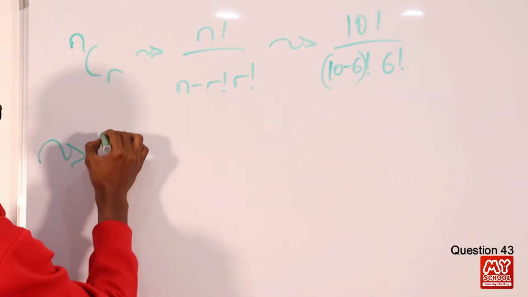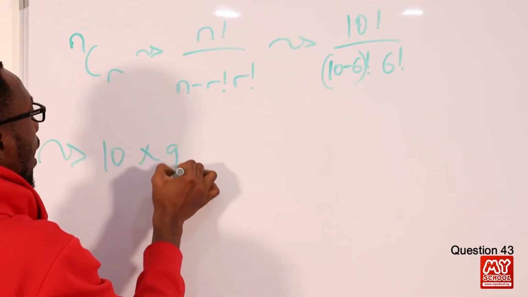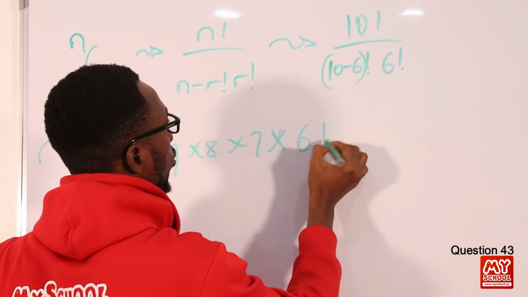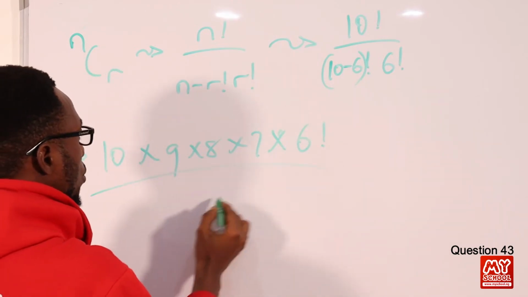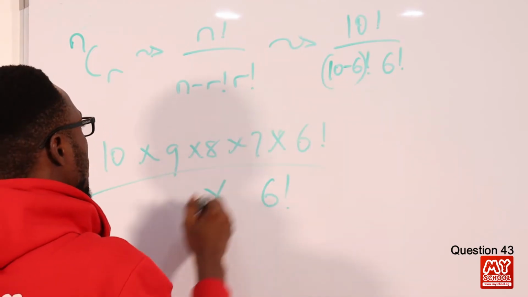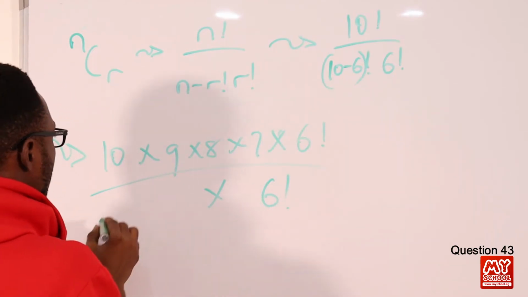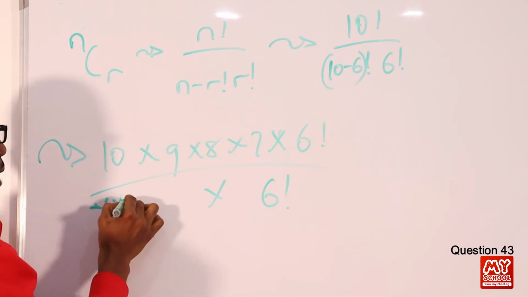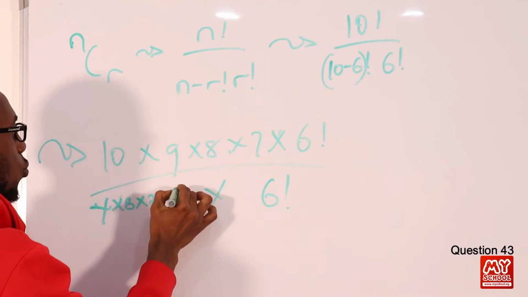Okay, so what is my 10 factorial? That is 10 times 9 times 8 times 7 times 6 factorial. I stop there so that we can have a shortcut. This 6 factorial here. Then times 10 minus 6, that is actually 4 factorial, isn't it? And 4 factorial, you know, is actually 4 times 3 times 2 times 1.